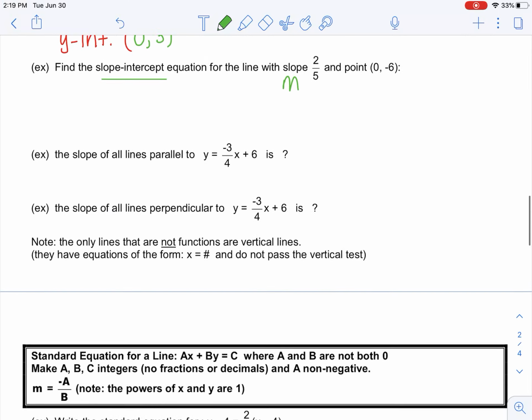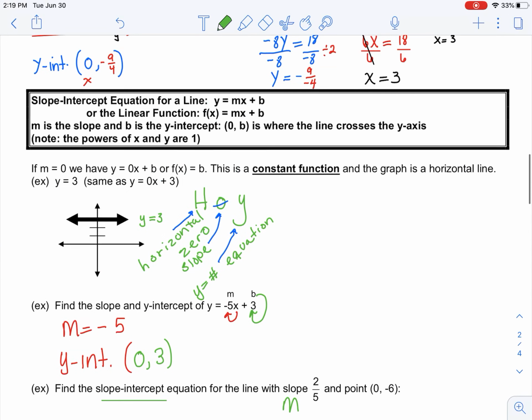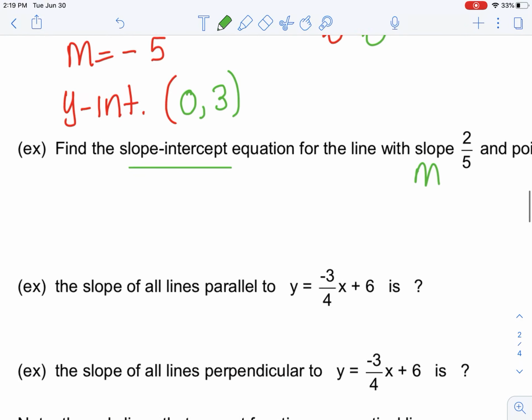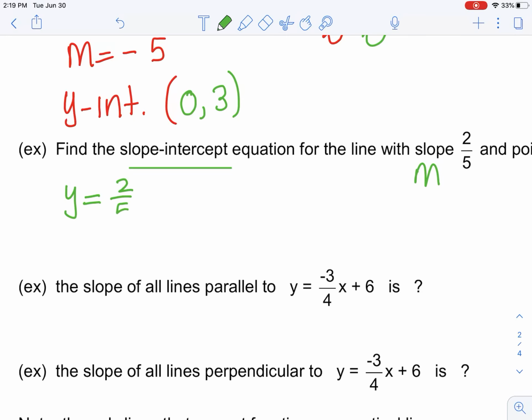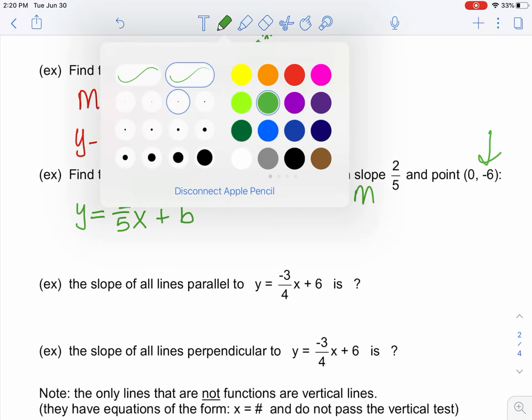So there's one of two ways that we can go about this, but we'll start with slope-intercept form, so we'll go ahead and plug this in. So y equals, the slope is 2/5, okay? We'll just do it like this for right now, okay? That's all we know because we haven't looked at the point.